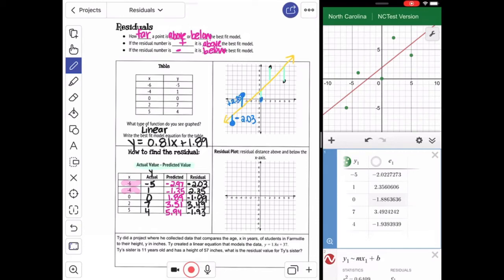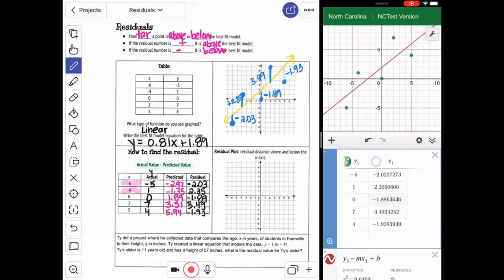At 0, 0, that is approximately a -1.89 distance. So you can start to see that these are all correct in where they are located from that line. So that one is a positive 3.4, and the last one is negative 1.93.